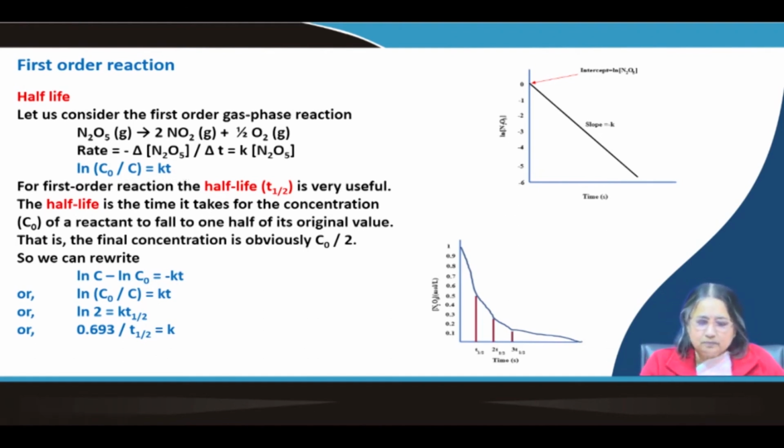Okay. Now, if you plot ln of N2O5 concentration against time, then you will get a straight line, because it is a first order reaction, actually determined to be a first order reaction.